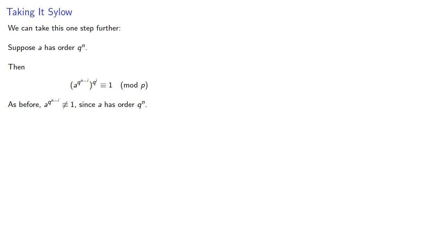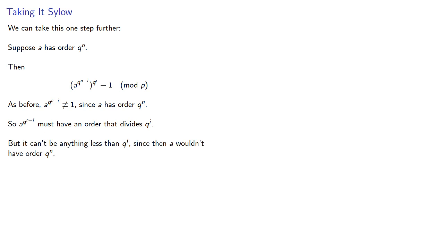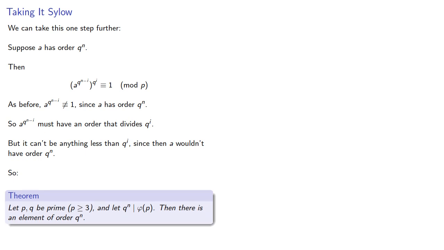Which means that a to power q to the n minus i must have an order that divides q to the i. But it can't be anything less than q to the i, since then a wouldn't have order q to the n. And so that tells us that if p and q are prime, again p greater than or equal to 3, and if q to the n divides phi of p, then there is an element of order q to the i for every i up to n.